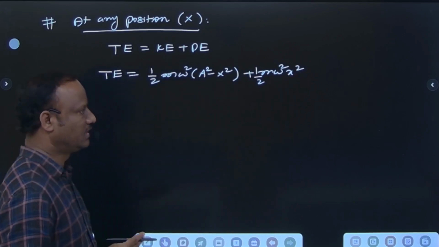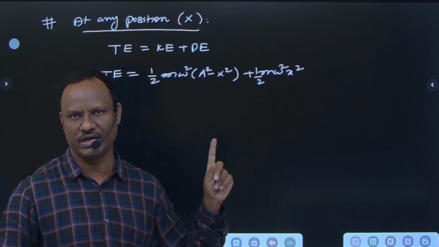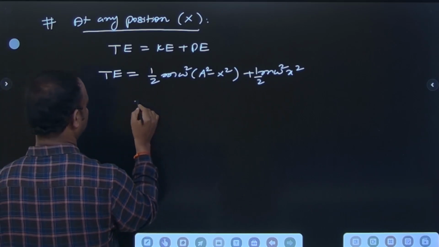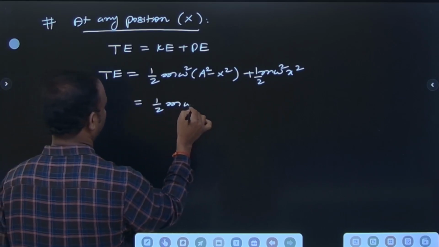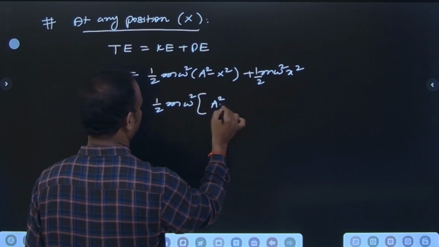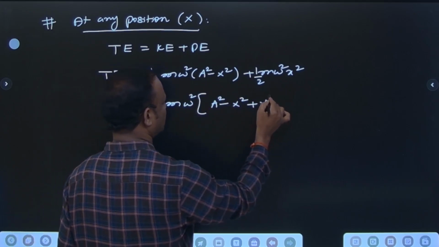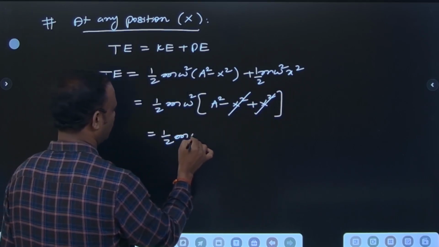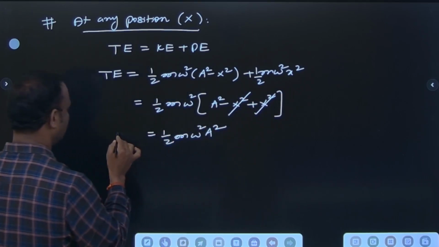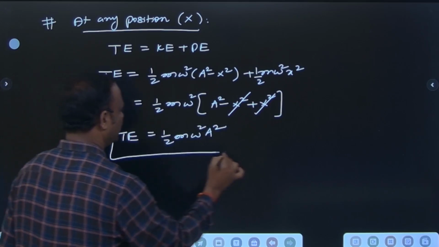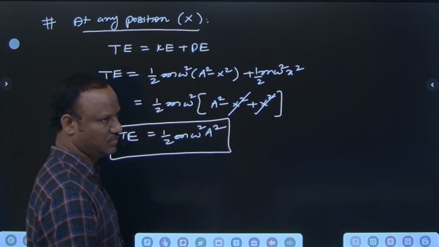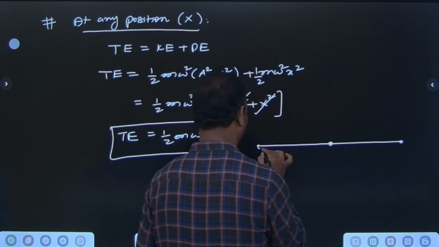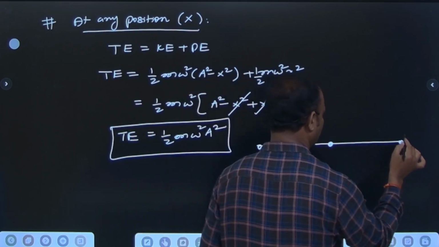This is a position dependent form. Half m omega square is common: a square minus x square plus x square. These two terms are cancelled. Half m omega square a square is the total energy. Not only at the mean and extreme position, but at every position, the total mechanical energy remains constant.